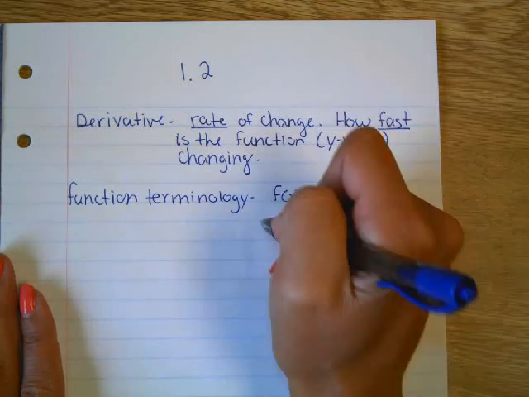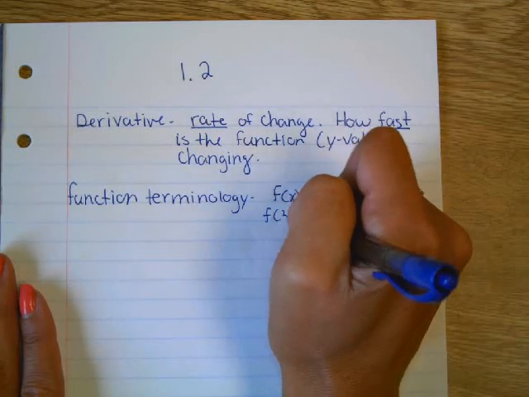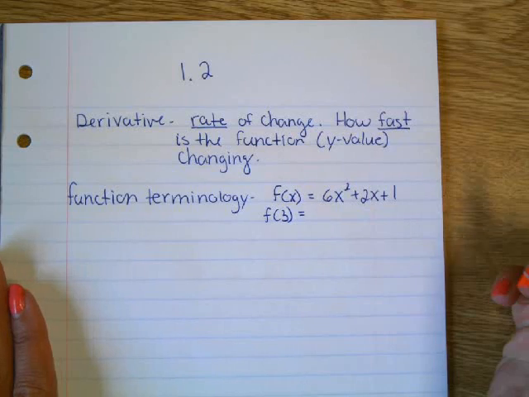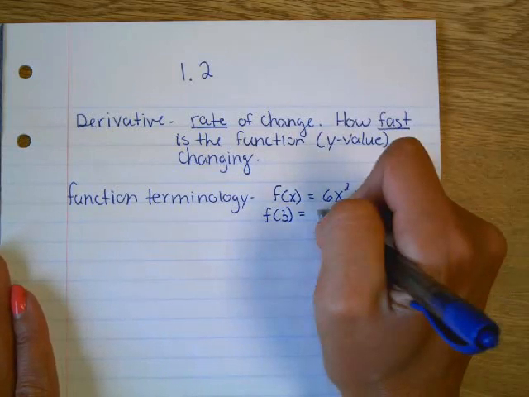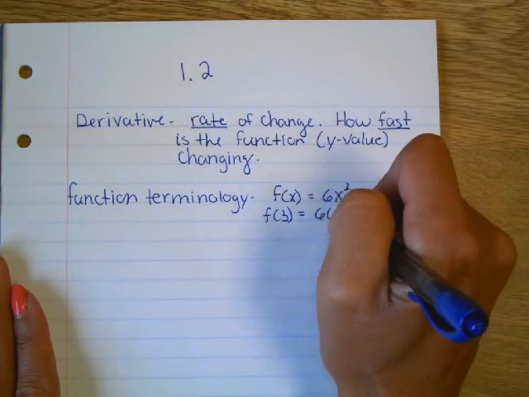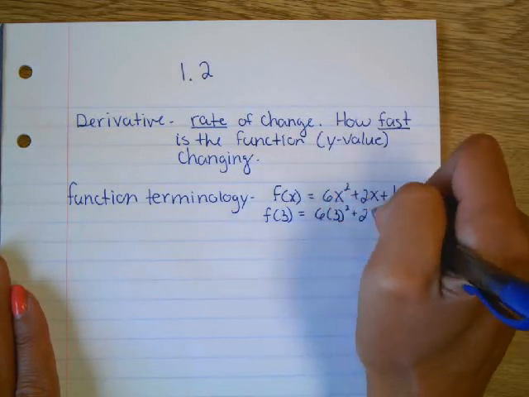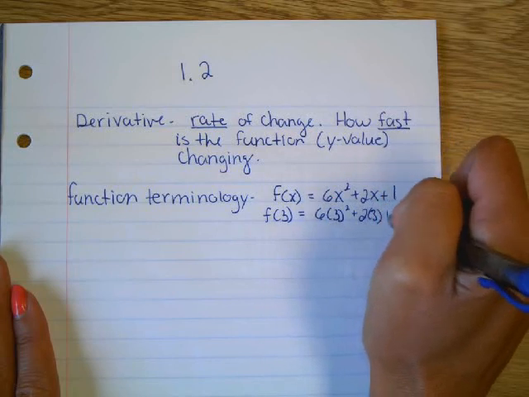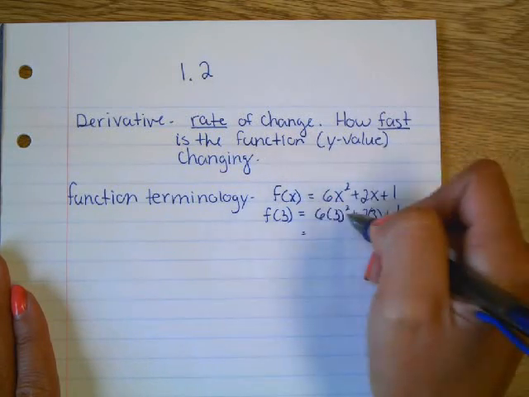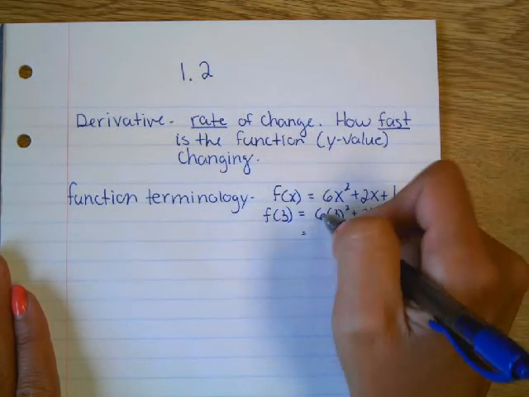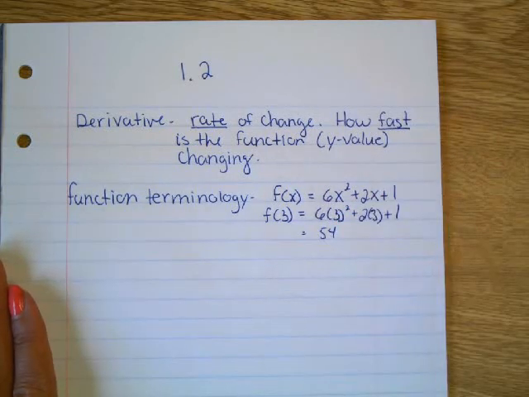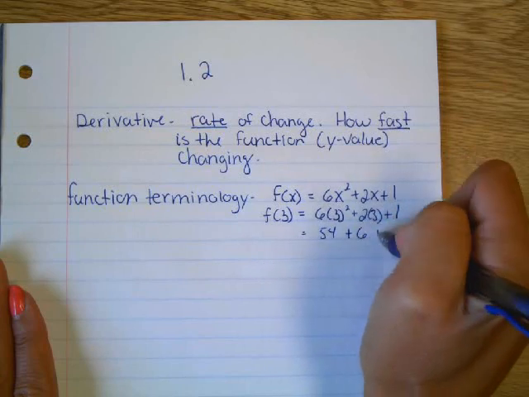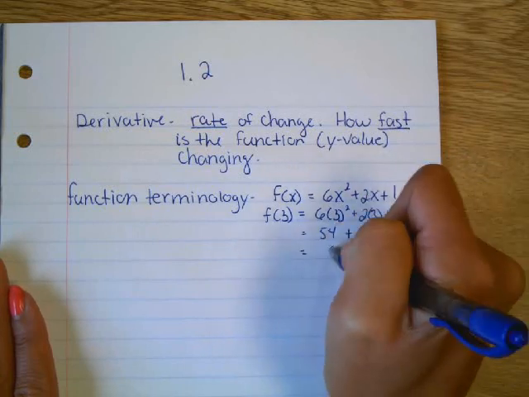And if I ask you to find something like f of 3, hopefully you remember from algebra that just means substitute the 3 in for the x and work it out. So 6 times 3 squared plus 2 times 3 plus 1. Order of operations says square first. 9 times 6 is 54. Adding 6 and 1, we are going to get 61.